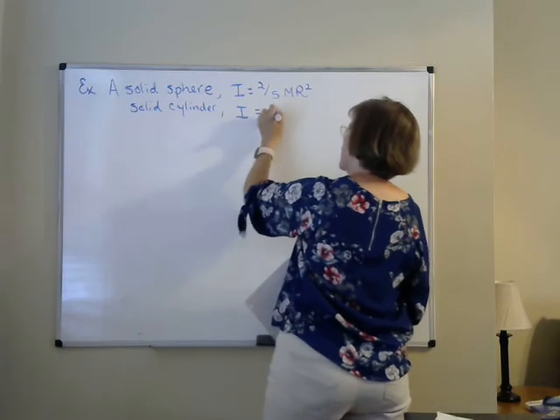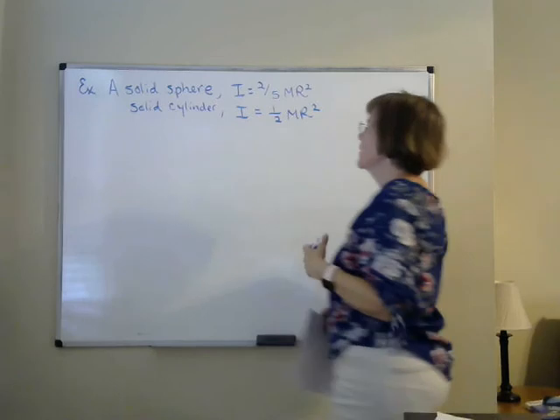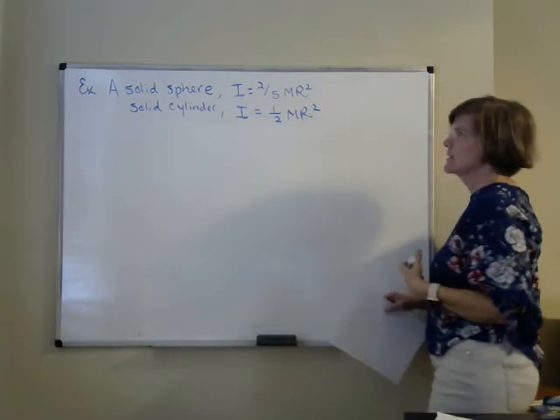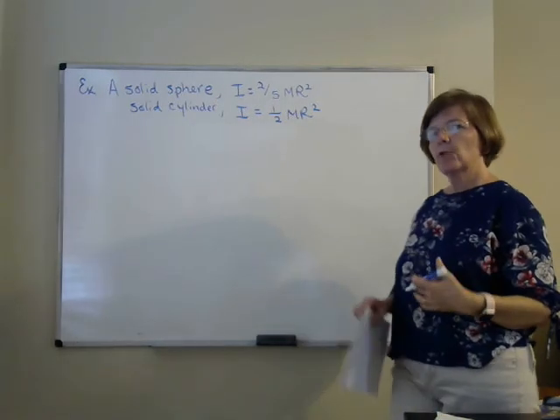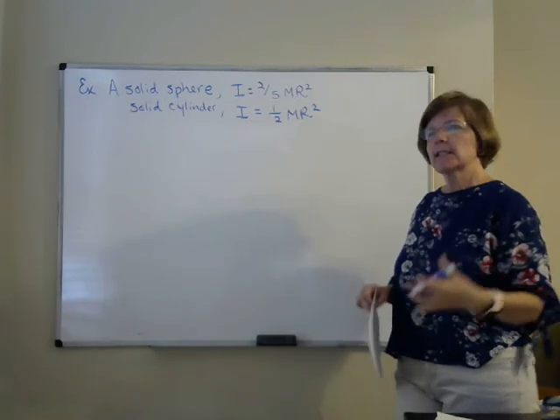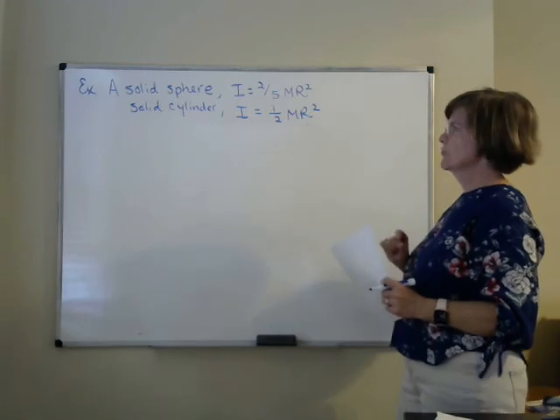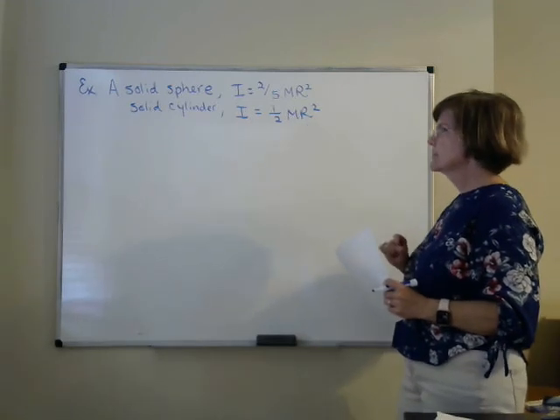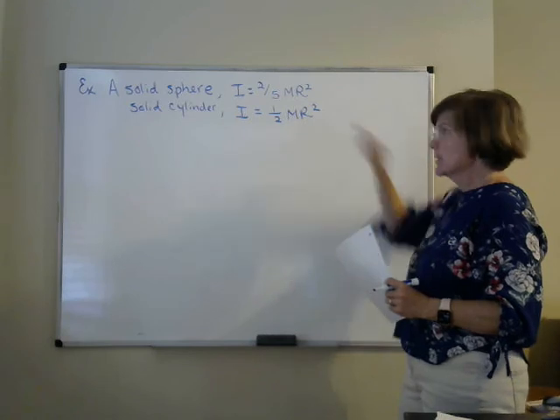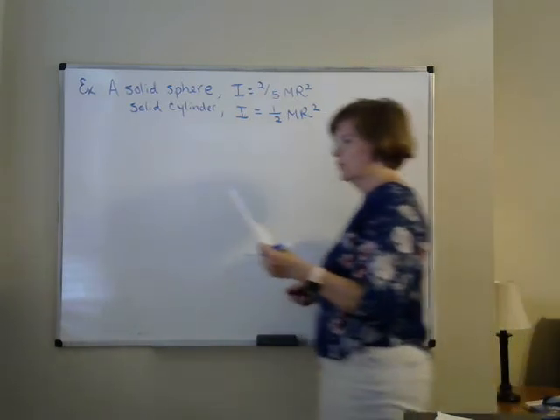That's I equal 1/2 mr squared. Notice 2/5 is only about 4/10. It's exactly 4/10. 1/2 is 5/10. So this has a slightly larger moment of inertia. This one's going to require a little more energy to rotate because it has a little higher moment of inertia.